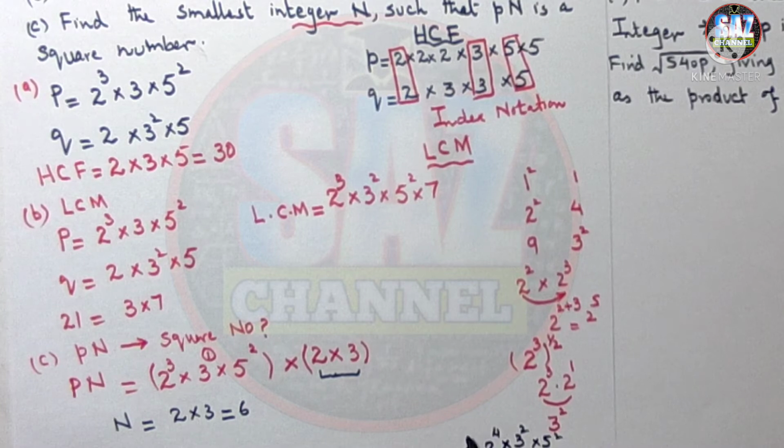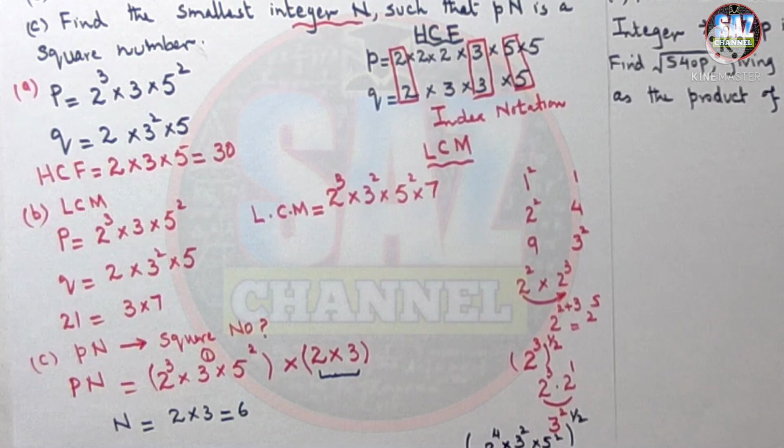Now when I take the square root of this, I have to take the 1 by 2 power, and according to the laws of indices, it becomes 2 square multiplied by 3 multiplied by 5, which is 15. 15 fours are 60, so 60. So we can easily take the square root of this number without a calculator. I hope you are clear how we are finding the smallest integer n, after multiplication by which the given number becomes a perfect square.